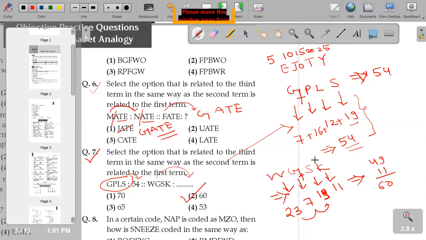So while dealing with this type of question, what we will do? We will just write the position of each alphabet. The first thing you should keep in your mind is that it could be addition or some other operation. What is the operation? It could be addition, subtraction, multiplication, division, square, cube of anything.